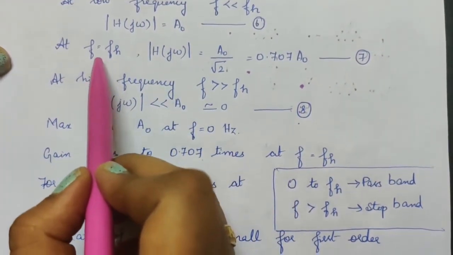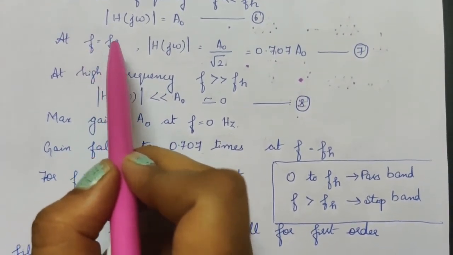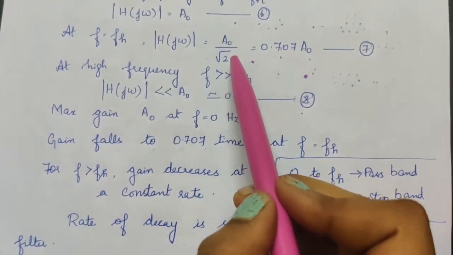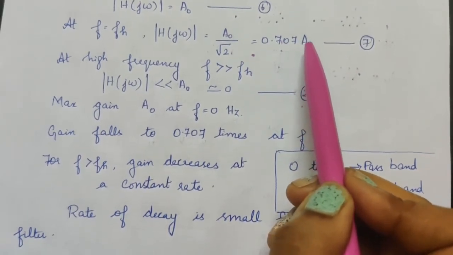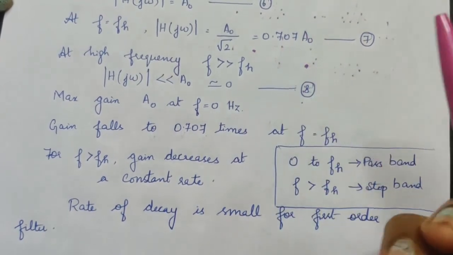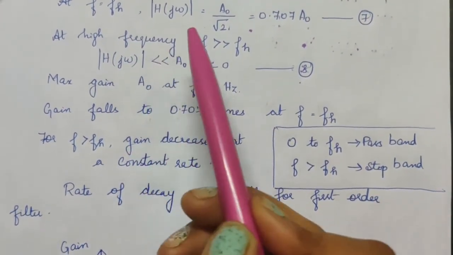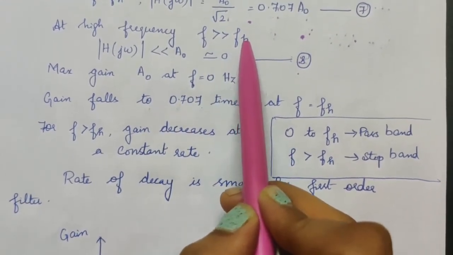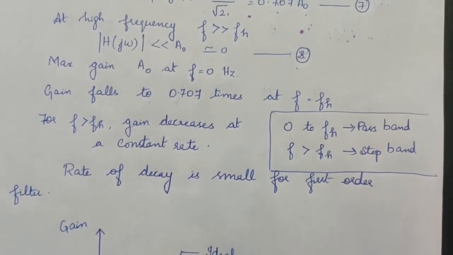Next, considering the second case, if F equals FH, then the magnitude value will be equal to the gain by root 2, that is 0.707 times A0. So the gain falls to 0.707 times. Next, considering the third case, if F is greater than FH, then the gain decreases at a constant rate.